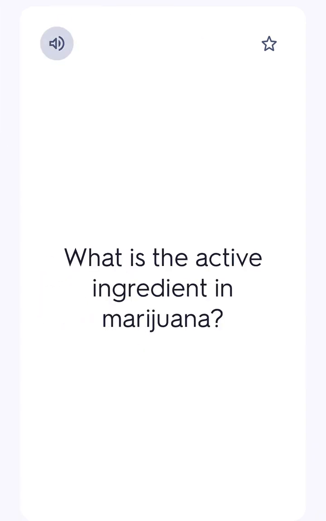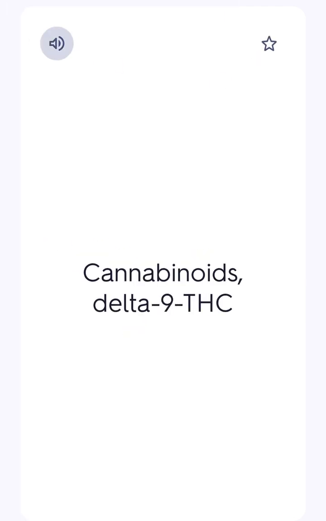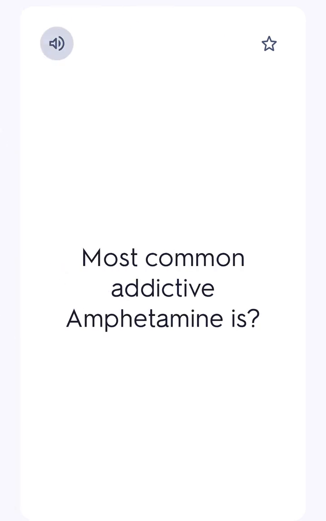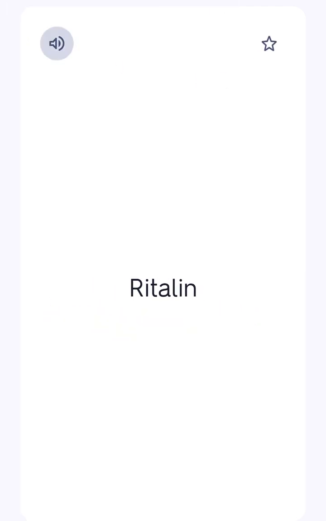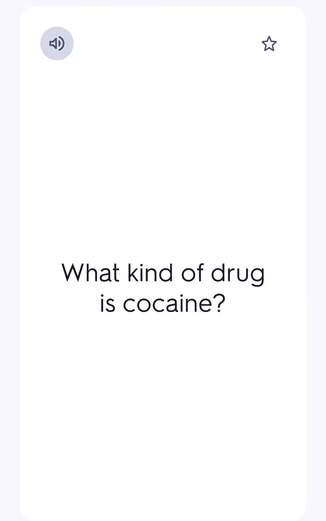What is the active ingredient in marijuana? Cannabinoids, delta-9 THC. The most common addictive amphetamine is Ritalin. What kind of drug is cocaine?